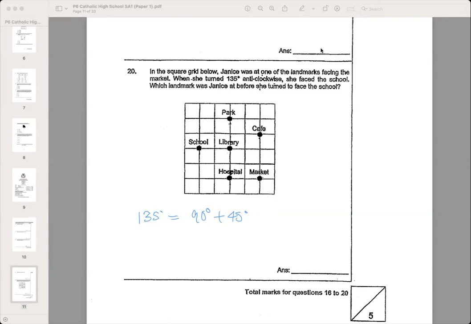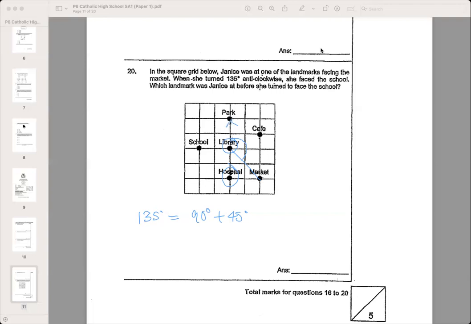So there's a few possible ones, right? Hospital, library, cafe, or park. But she's either at the hospital, library, cafe, or park. If you're talking about anti-clockwise, the most likely position is either the library or the hospital. So you've got to do some testing, right? A question like this, assuming Janice was at the library, then anti-clockwise, she needs to go 45 degrees and then 90 degrees, she'll be at the park.